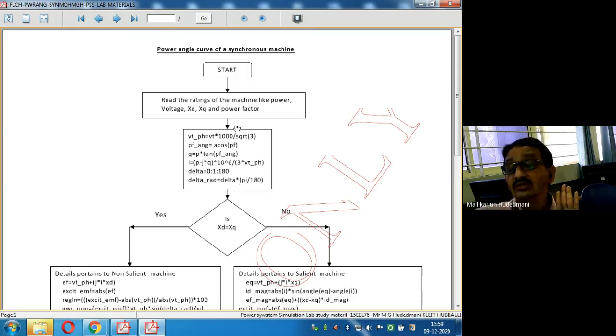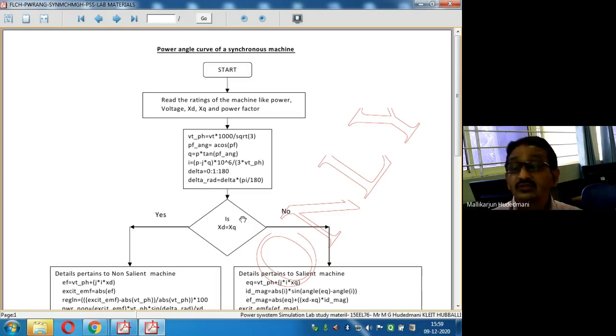Once I keep all these things ready, I take a decision. In the machine, by the user, is xd equal to xq? If the user tries to enter xd and xq as the same value, 9.33 and 9.33, what would it mean? If xd is equal to xq, it is a non-salient machine. If xd is different and xq is different, it is a salient pole machine. So I take a decision by this decision box concept, take a diversion.